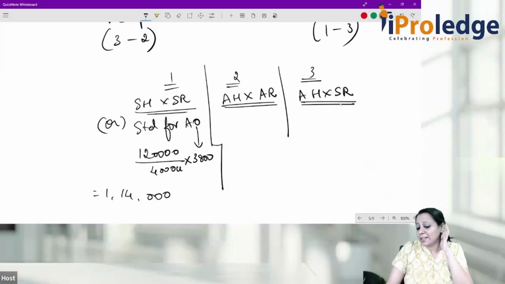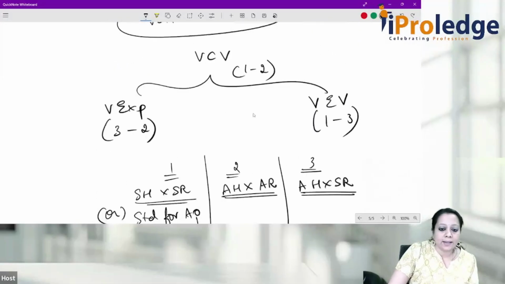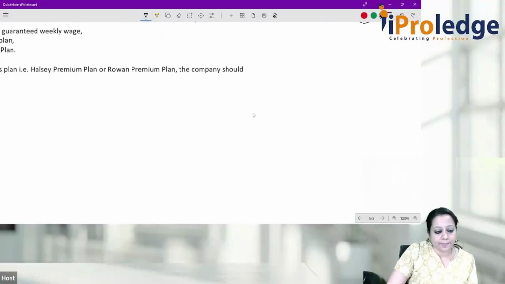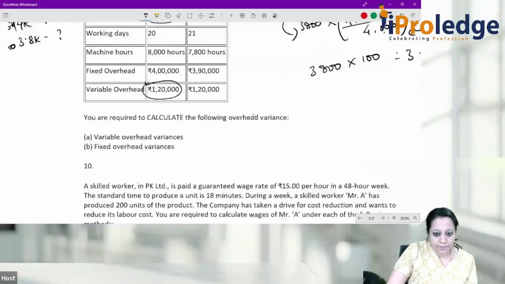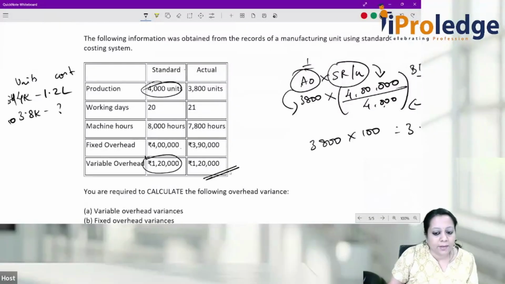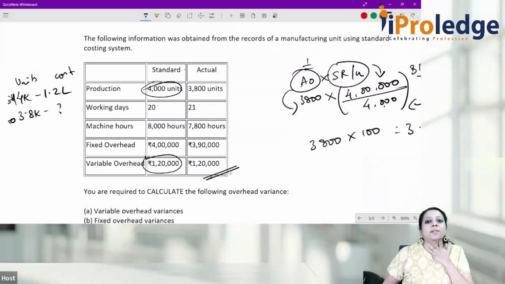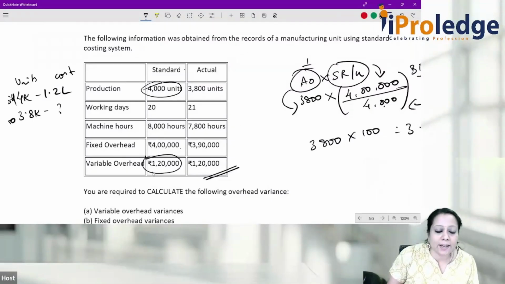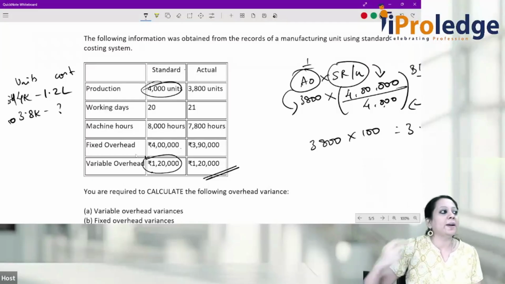AH into AR is given in the question. It is 1,20,000. Now, there is a main question that comes in this for students. After this chart, fixed overhead variance is also easy. Ma'am, for variable overheads, they gave that the standard is 1,20,000, no? Why did you take something else for 1?